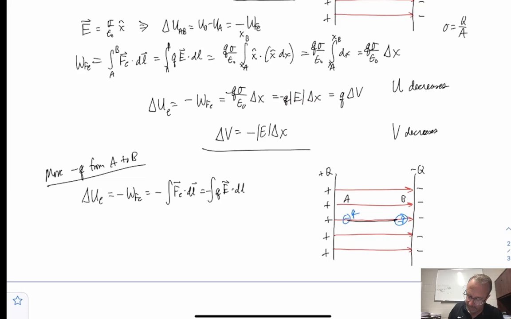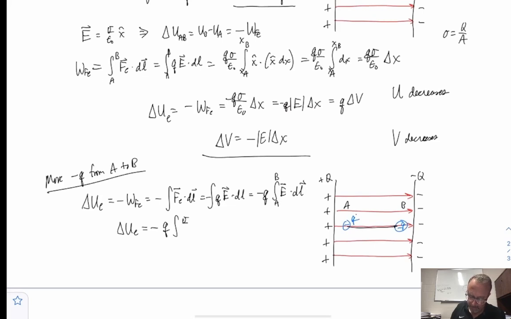Now that little Q is a constant, so that can come out: minus Q integral E dot dl, again going from A to B. So for this parallel plate capacitor, the electric field is sigma over epsilon naught x hat. That's my E. Dot dl, which is dx x hat.